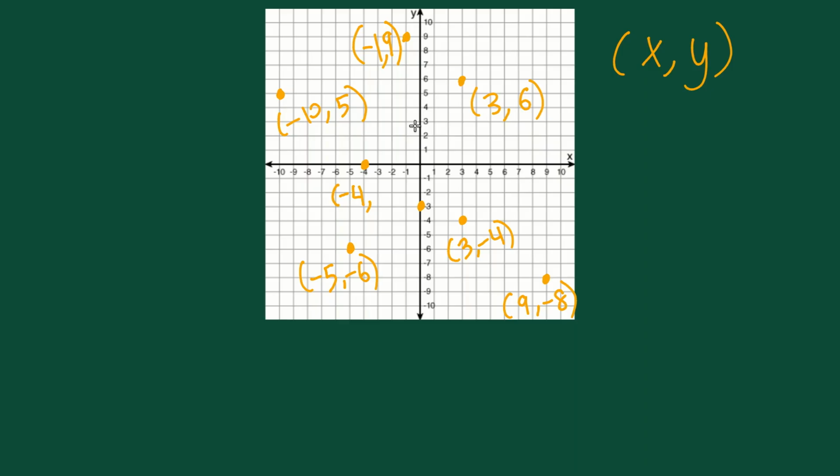So our y, in this case, is a 0. That's for this one. And for this point, where's our x? Our x is a 0, right here. And our y is a -3. Alright, so that's a sample of a bunch of points.